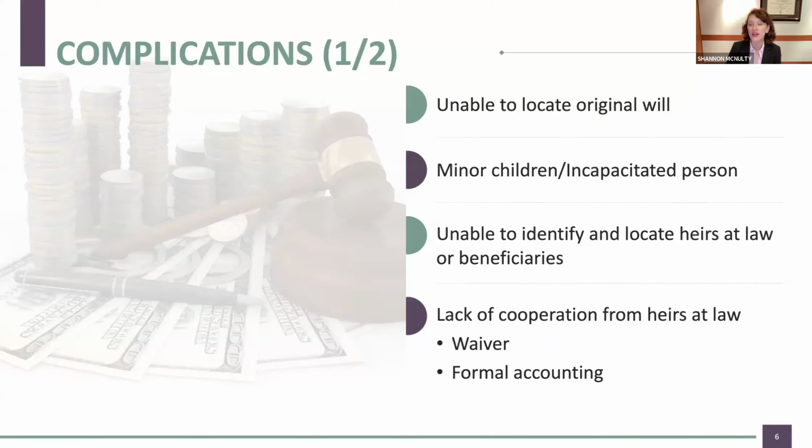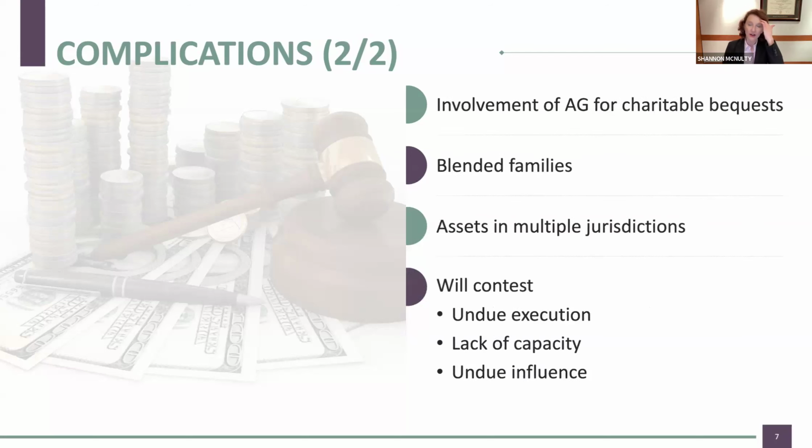So they may give a hard time. They may not provide a waiver of the notice of the probate. They may require a formal accounting. So there's a lot of things that they can object to and cause problems with.